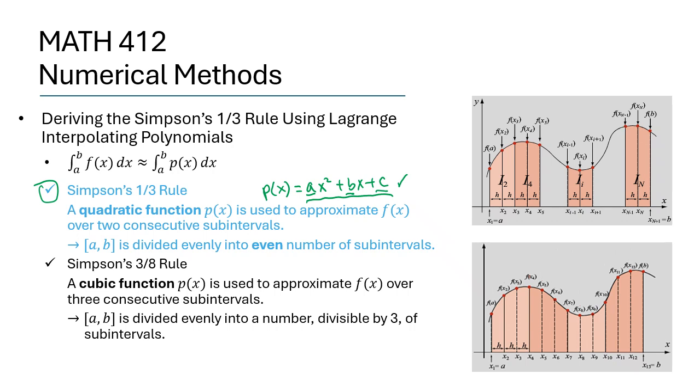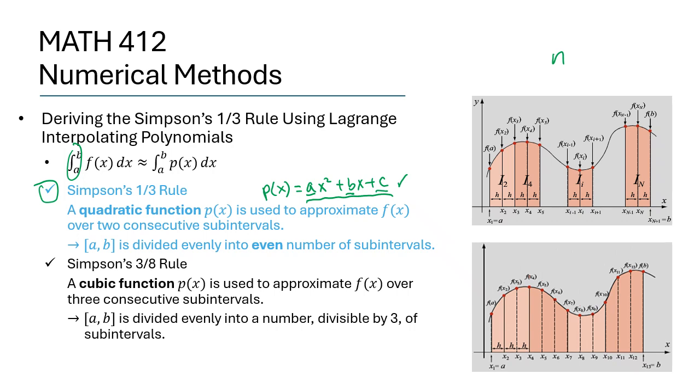We try to use 2 consecutive subintervals. Given that it's from A to B, we divide it evenly into, say, n subintervals. And that n, it turns out, should be an even number. Why?